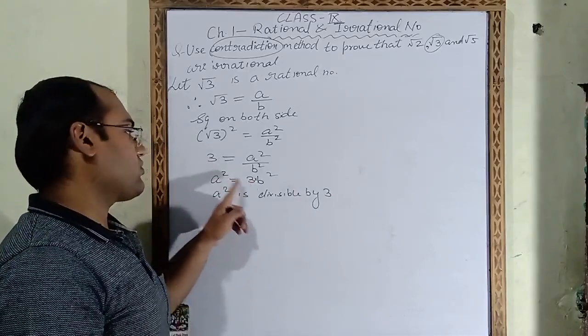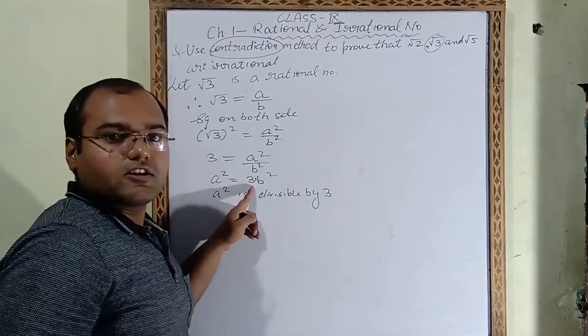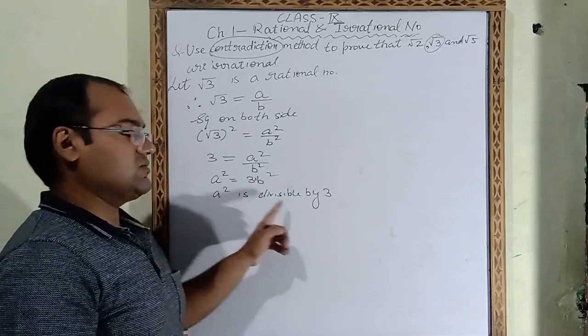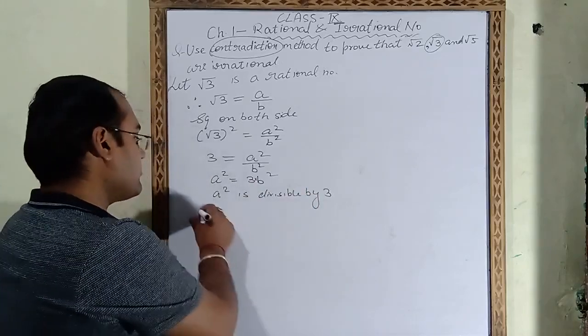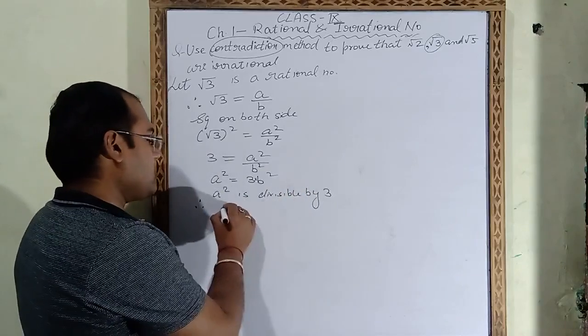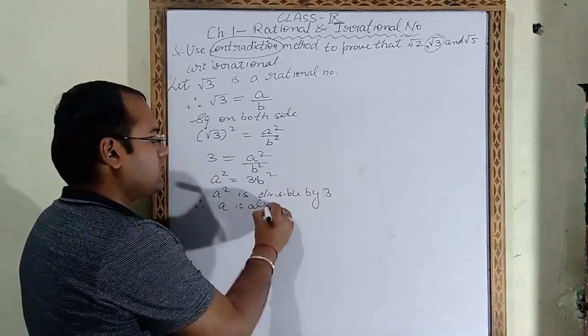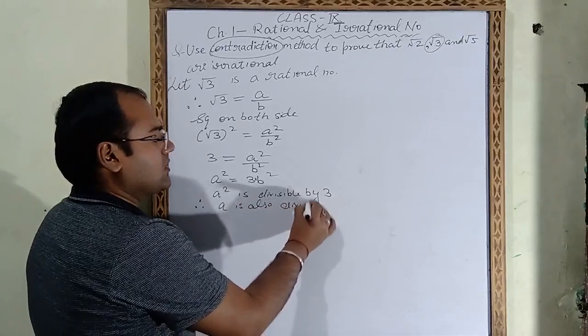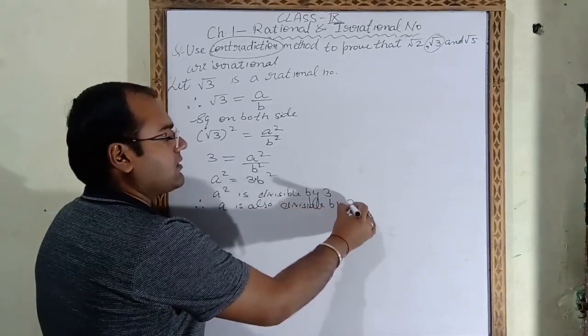That means this a square will get divided by 3. So I have written here a square is divisible by 3. Therefore, since a square is divisible by 3, we can say a is also divisible by 3.